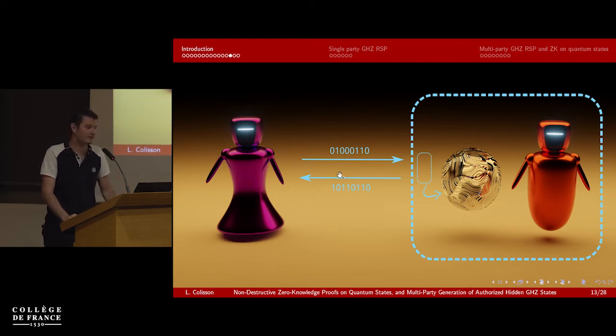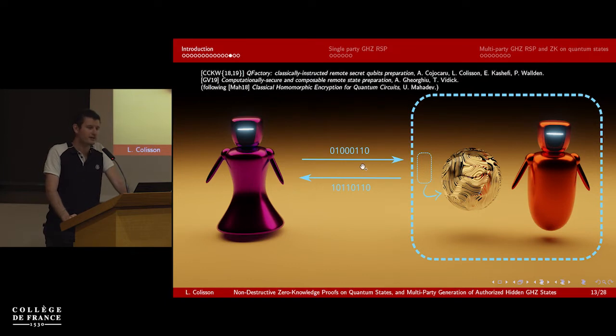So in that setting, multiple protocols have been defined in order to do what we call classical client remote state preparation, in order to make sure that at the end of the classical protocol between Alice and Bob, Bob will end up with a quantum state which is unknown to Bob, and in such a way that Alice knows the classical description of that state.